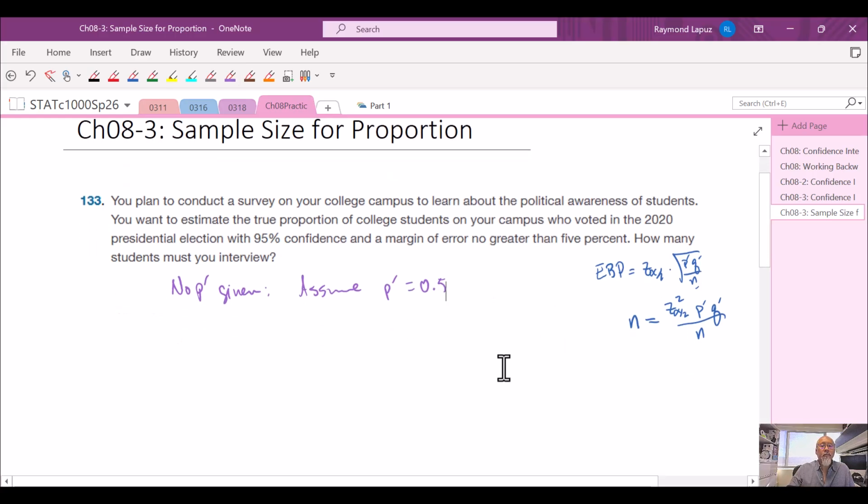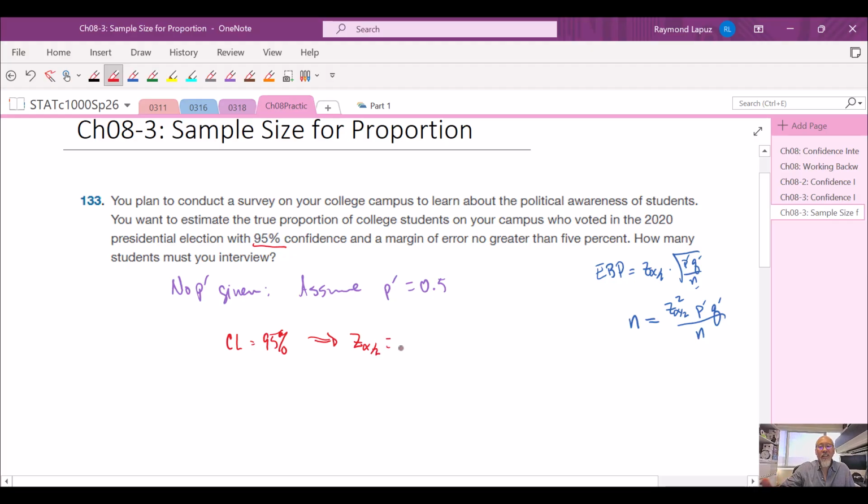All right, now let's find the rest of the information. Let's read through it again. You want to estimate the true proportion on your campus who voted in 2020 with a 95% confidence. So your confidence level is going to be 95%, and that's going to help you find your z sub alpha over 2.